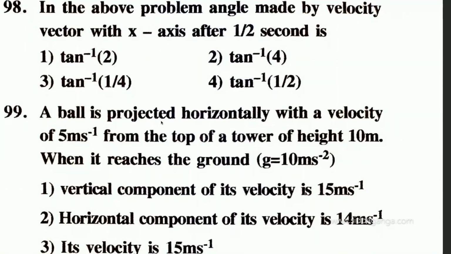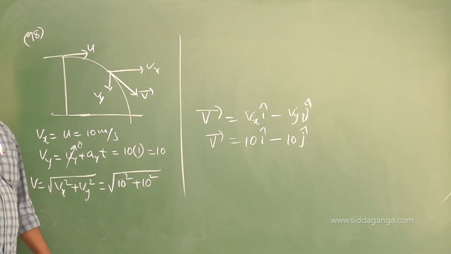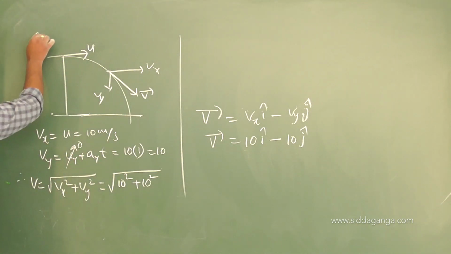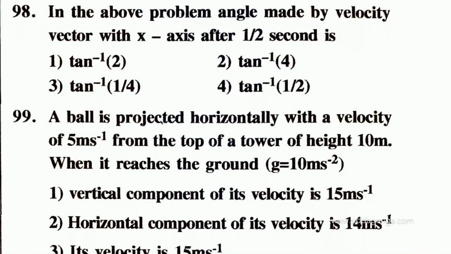I hope you have taken that down. Next, go for the 98th problem: in the above problem, the angle made by the velocity vector with the x-axis after half a second is.